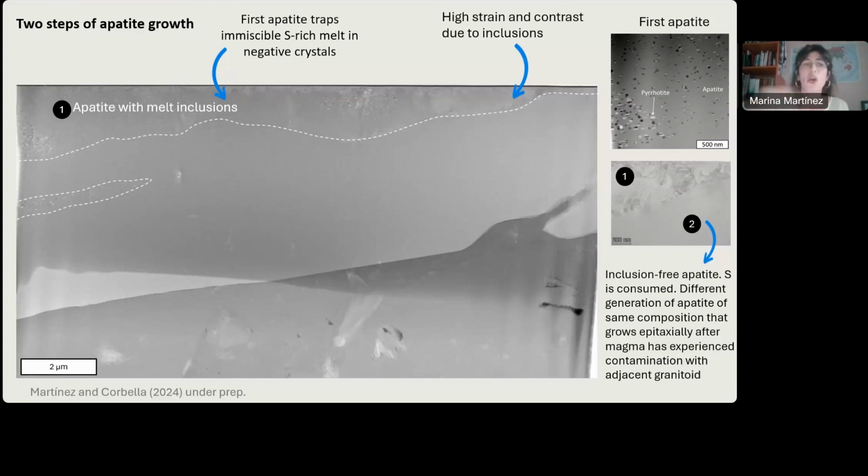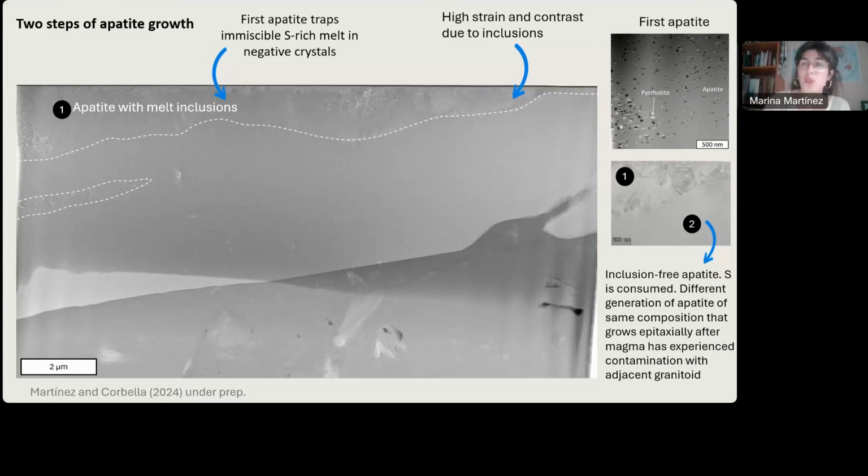And then when the lamprophyre took more contamination from the surrounding rock, like granitoids, which are full of apatites, and lamprophyres have more allanites, which is where the rare earth elements are.